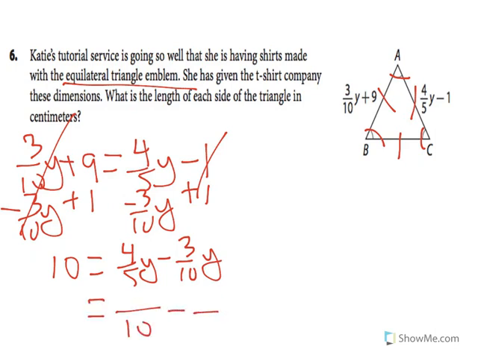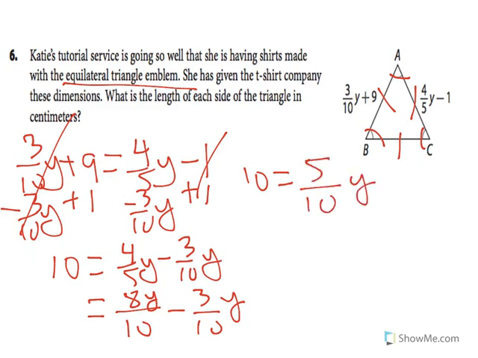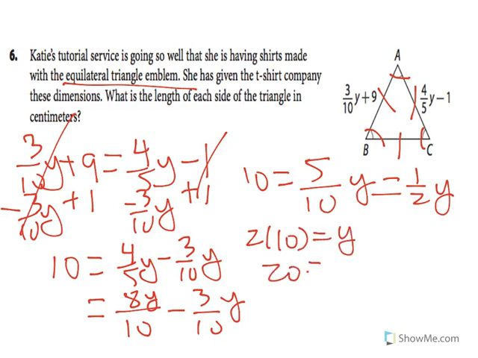So the common denominator is 10. So 5 goes to 10 two times, so 2 times 4 gives us 8. And this is still 3y, so I have 10 equal to 8 minus 3, that gives me 5/10 y. So then this reduces to 1/2 y. So solve for y, so 2 times 10 gives me y, so 20 is y.